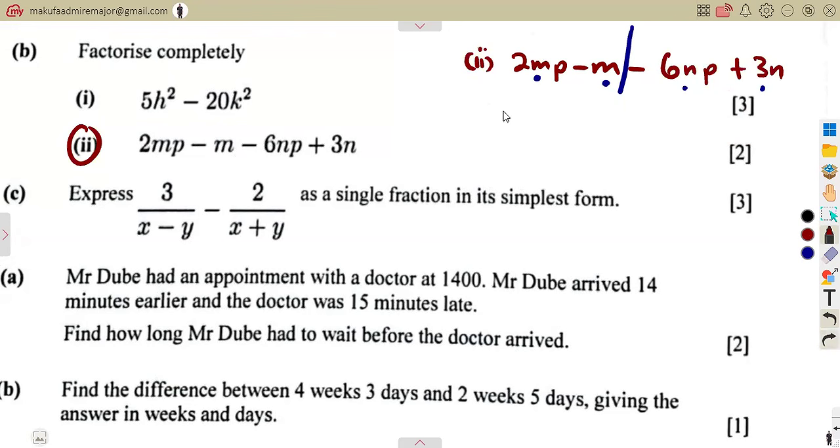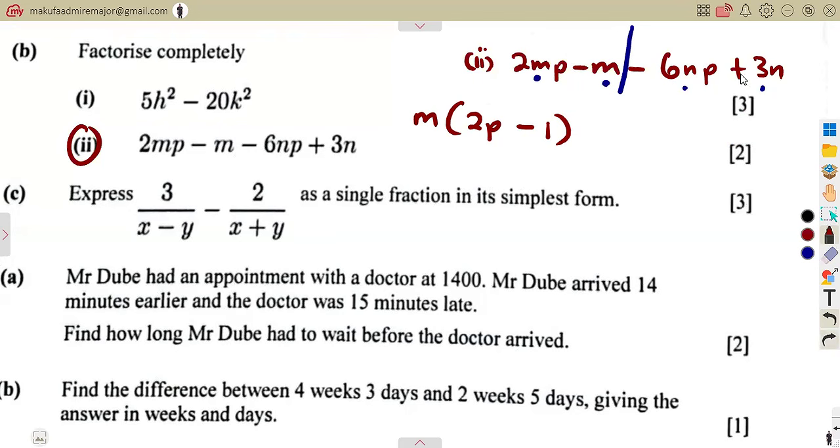All right. So let's factor out m for the first 2 terms. If you factor out m, that was going to be 2p, divide m and m cancels, minus m and m cancels, that was going to be a negative 1. So meaning to say we are having 2p minus 1. But remember, this is supposed to be the same as what you are going to obtain from these 2 terms remaining.